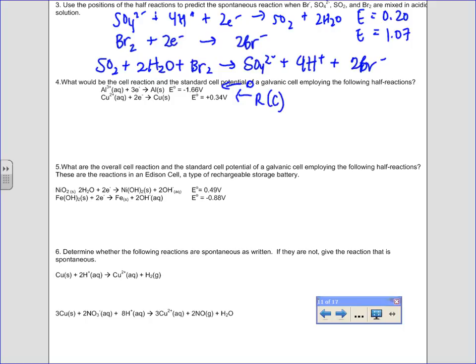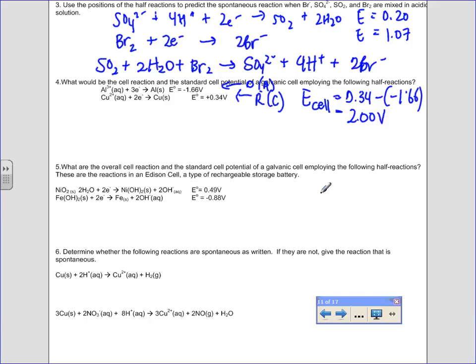So this one is the cathode, and this one is the anode. So if we want to find the cell potential, I'm going to take the cathode of 0.34 and subtract the anode reduction potential of negative 1.66. And I have a cell potential of 2 volts.